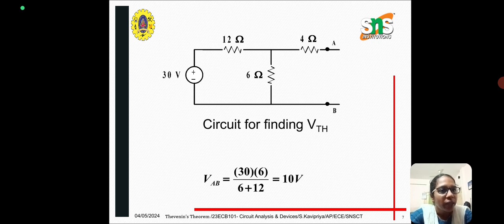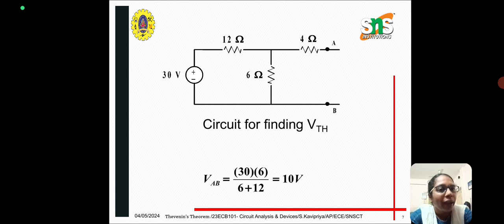To find this VAB, we can apply the voltage division rule, or we can apply Kirchhoff's voltage law to the closed path of 30 volt, 12 ohm and 6 ohm. In that closed path, we can apply Kirchhoff's voltage law and find the current that flows in it. VAB is equal to the voltage available across the 6 ohm resistor. We already know the current that flows in the loop, so the voltage across the 6 ohm resistor is the current into the resistor value, I into 6.